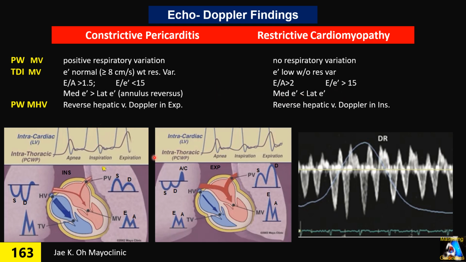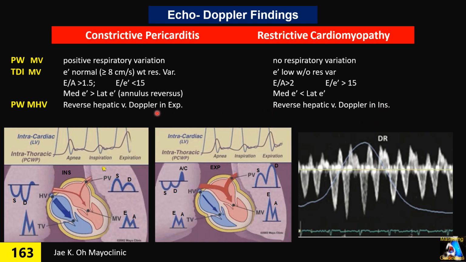Another finding we talk about is reverse hepatic vein Doppler. In constrictive pericarditis, this reverse flow happens during expiration or exhale, but in restrictive cardiomyopathy, it happens during inhale.